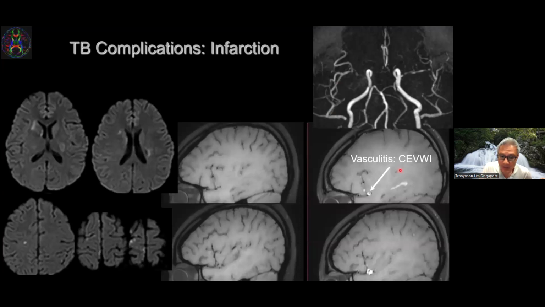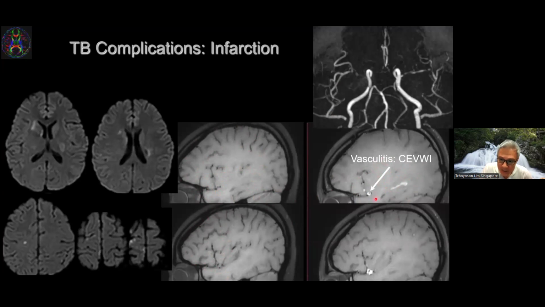And here is an example of the black CSF before contrast enhancement and after contrast enhancement. So before contrast enhancement, we can see that the middle cerebral artery in the Sylvian fissure can be visualized with the black lumen of flowing blood and black CSF.